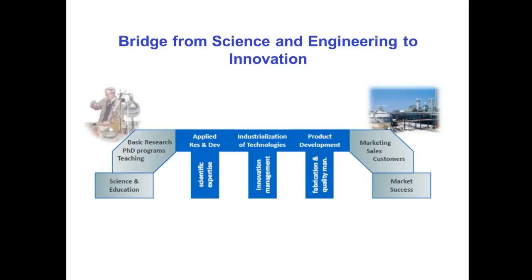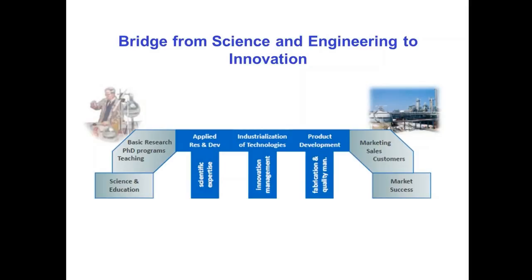On the other hand, the industry is always involved with the market, trying to satisfy the market or the commercial viability of their products. So how do we bridge what comes from the university all the way to the industry? It's called translational research or applied research.